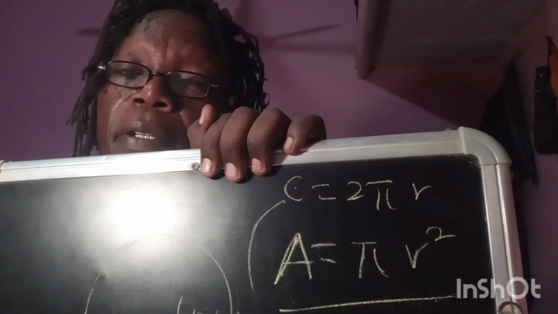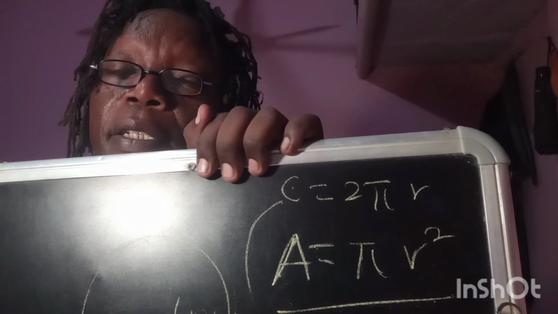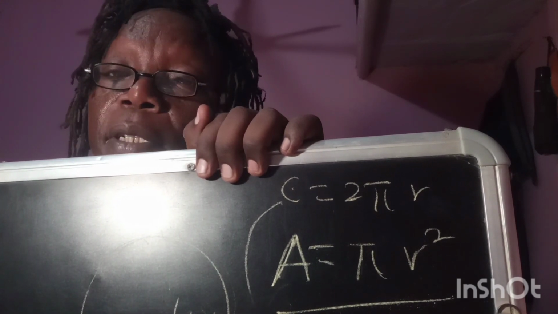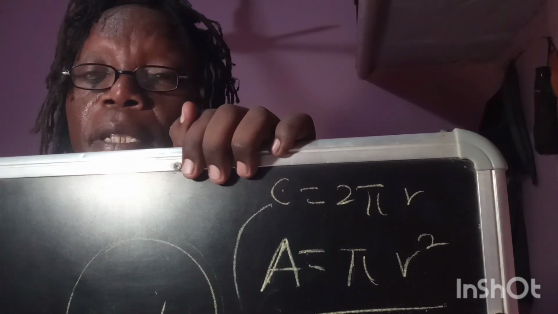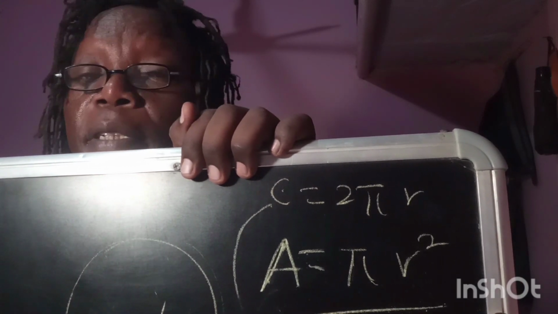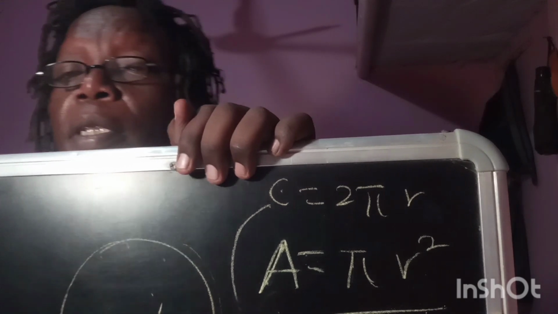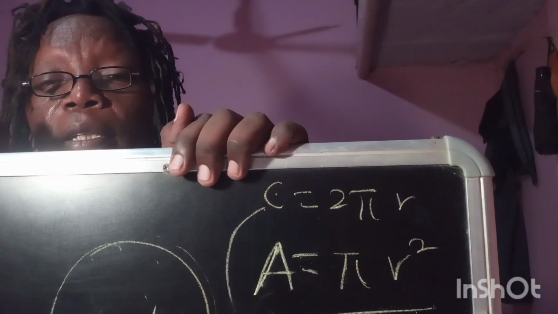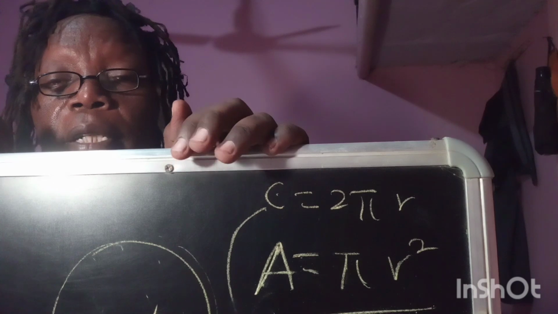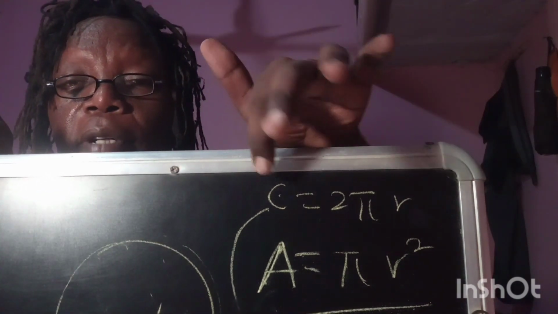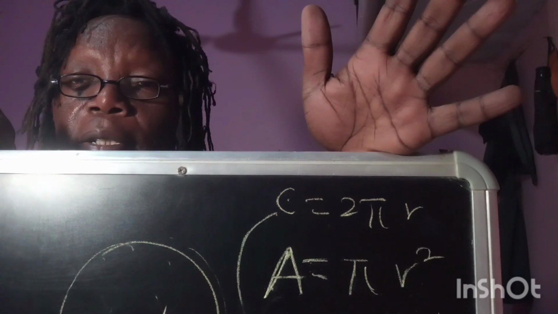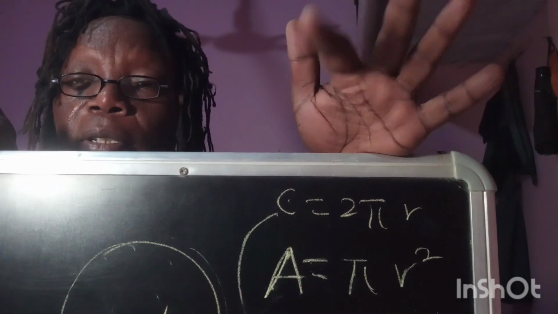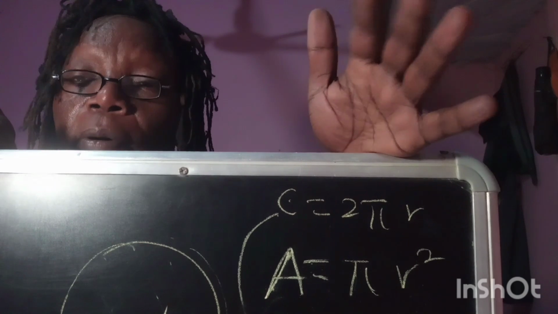What's the area of a circle given the radius 2 centimeters? What's the area given the radius 3 centimeters? And what's the area given the radius 4 centimeters? You are given the sequence 2, 3, 4 as radius.